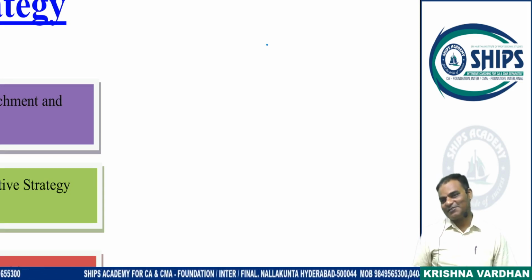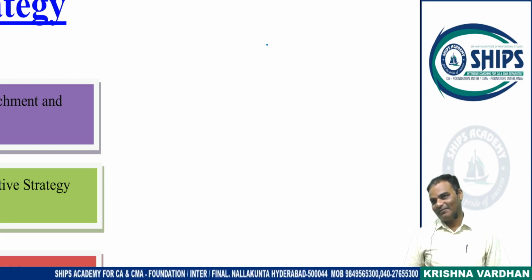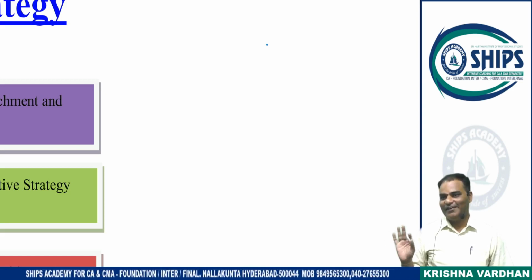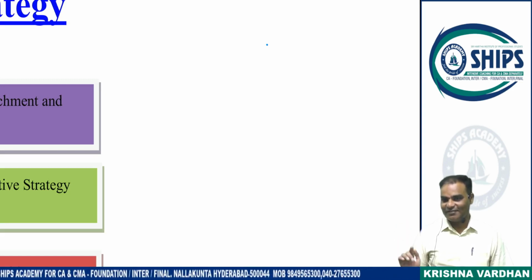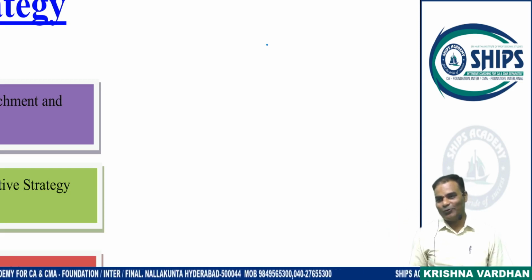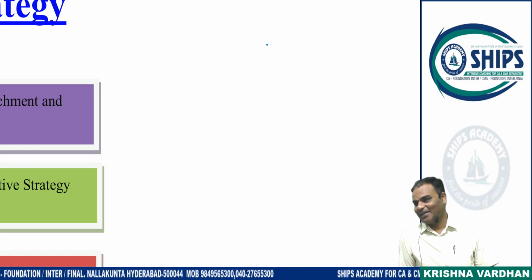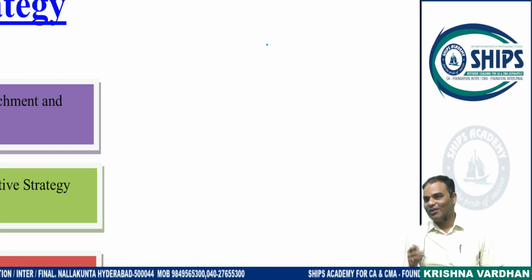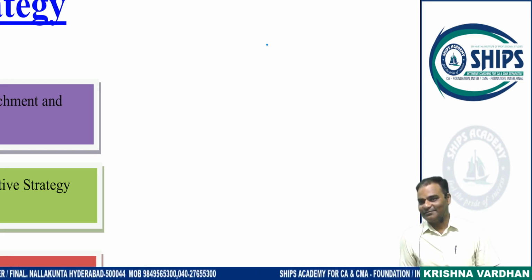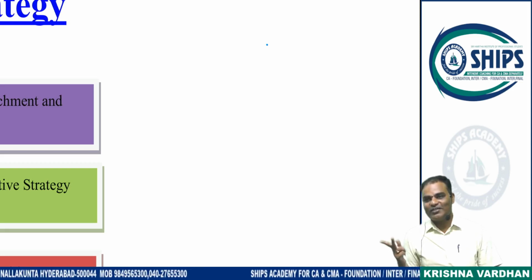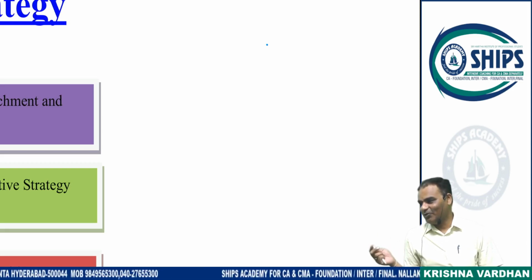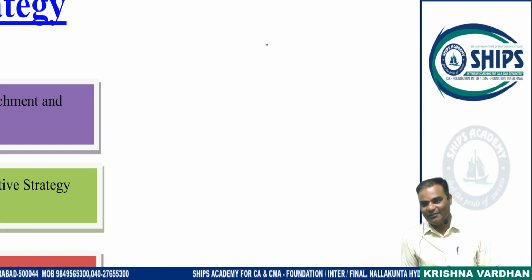Let me tell you something very interesting. Why do our strategies fail? Because we don't do the first step of strategic management. What is the first step? Analysis. We don't do analysis. What if analysis is not done properly? Two scenarios I'll tell you. First scenario, you have some illness, you have gone to a doctor.